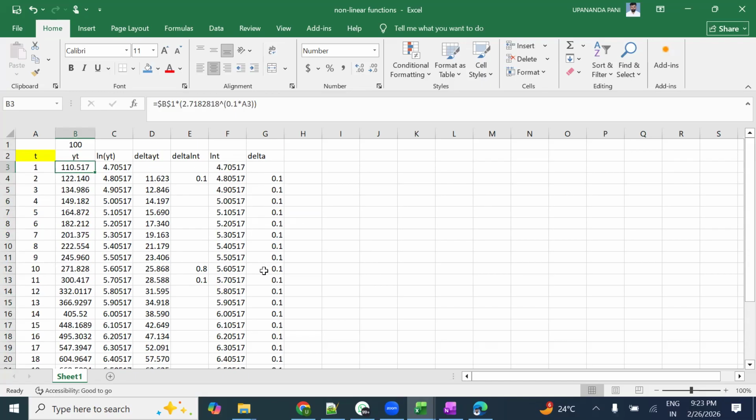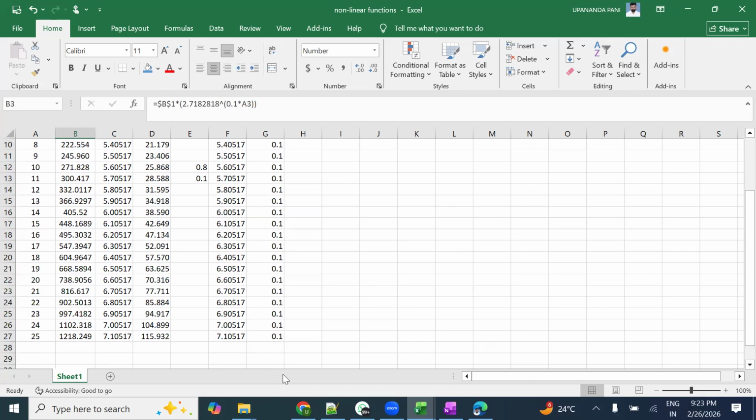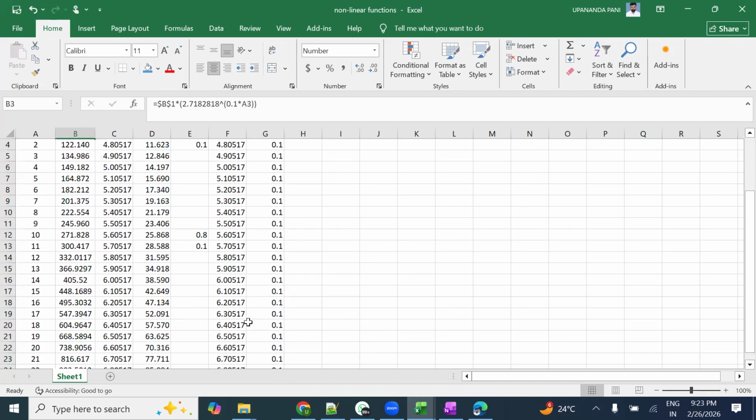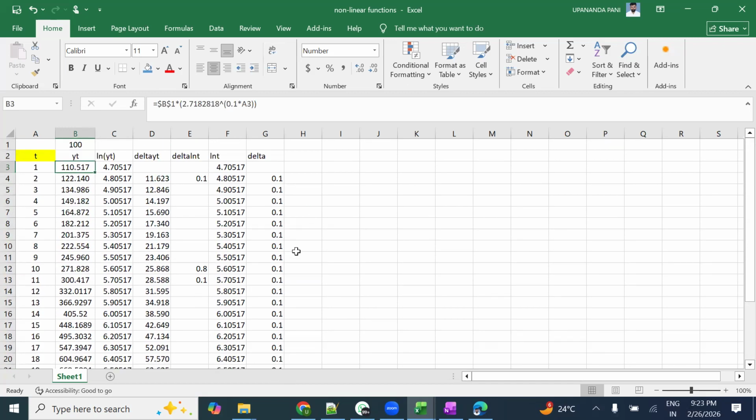Everywhere the delta is 0.1 only. But I have not plotted. If I plot it, then definitely it will be linear. So without plotting yt, I can plot it.